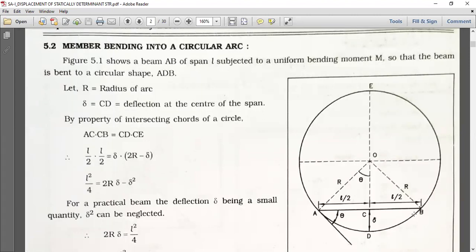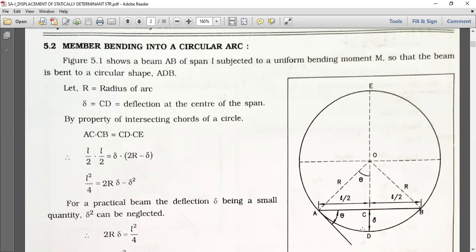Let R be the radius of arc. Delta is equal to CD, the deflection at the center of the span.